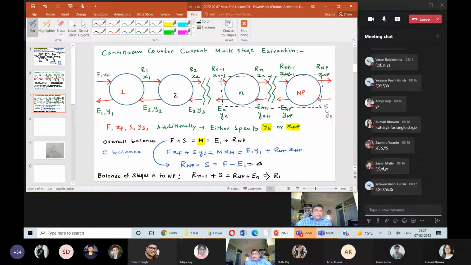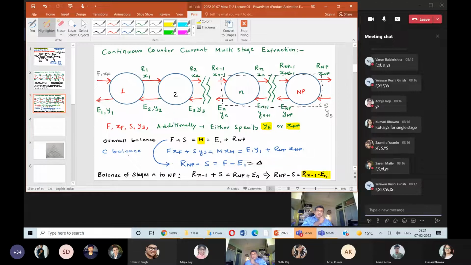So from here also we get RNP minus S is equal to Rn minus 1 minus En, which is equal to RNP minus S. This will apparently look a little cumbersome for a while, don't worry, things will fall in place. Therefore, again, what we can write is Rn minus 1 minus En is equal to delta.